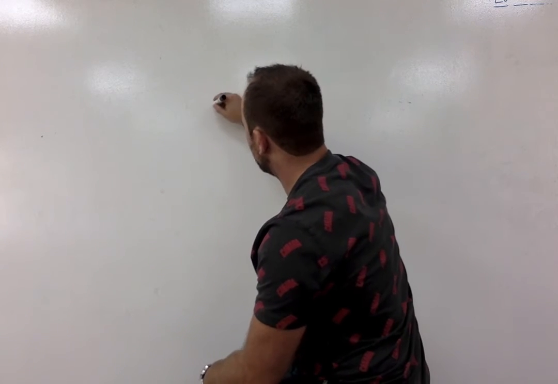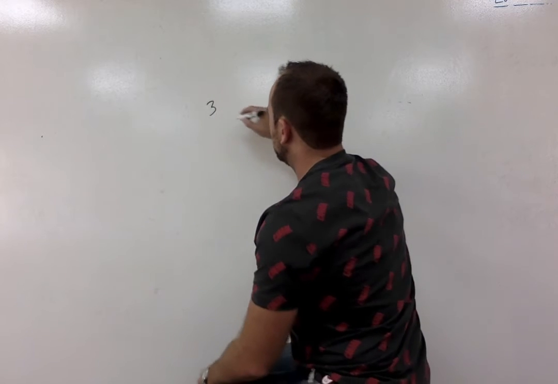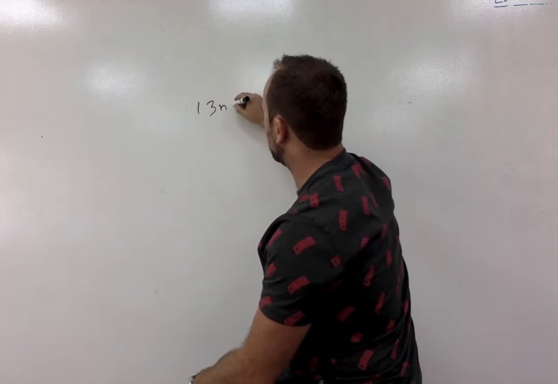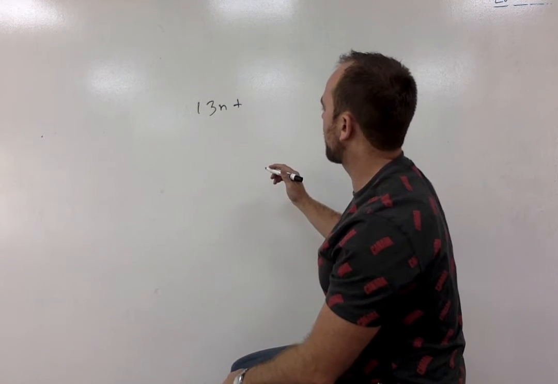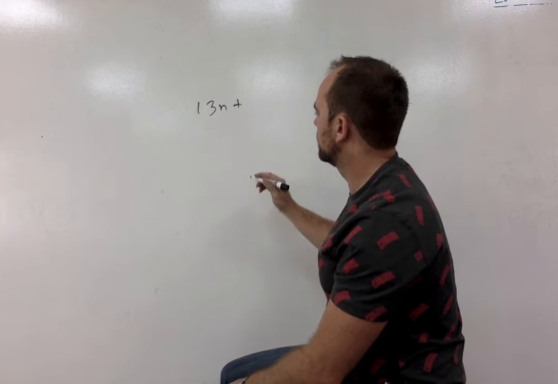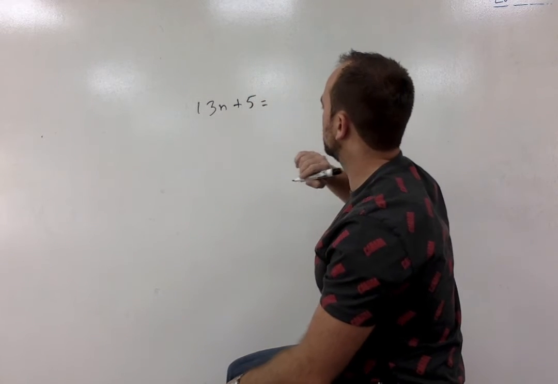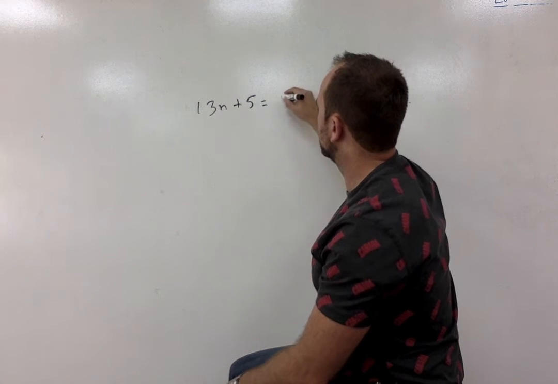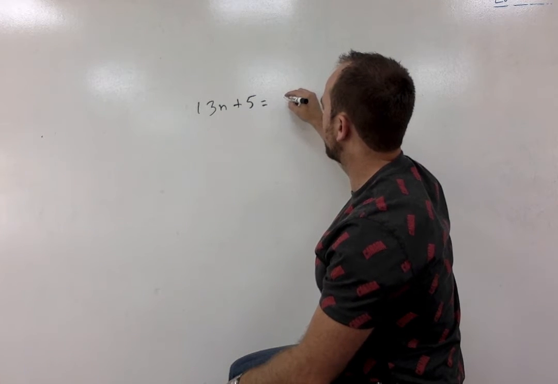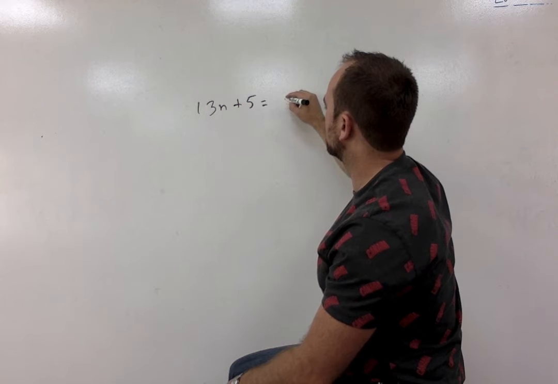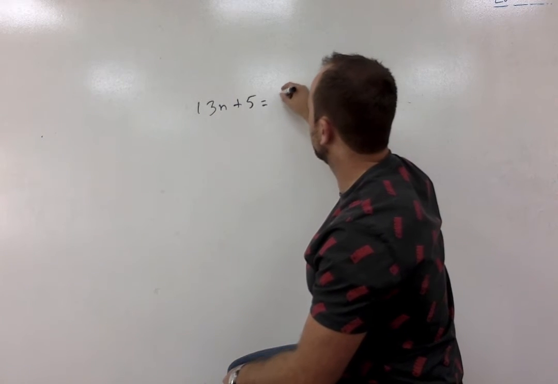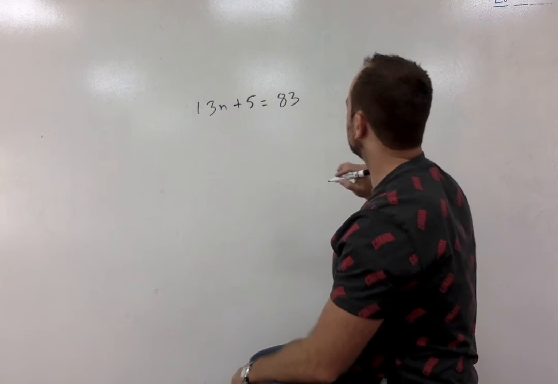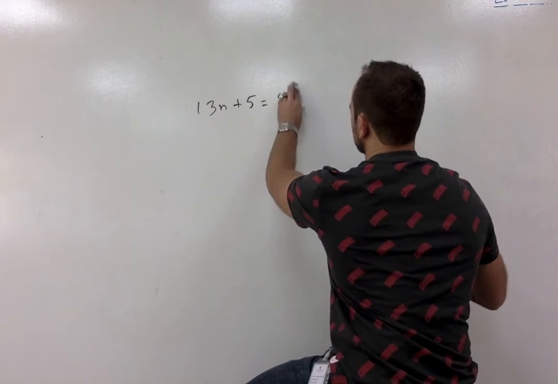Okay? So here we have, let's go with 13n plus, let's go plus 5 equals, let's go like this.